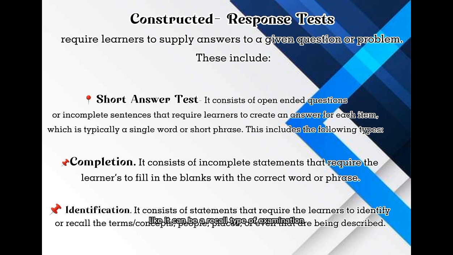Like a recall type of examination, it usually demands only short answers, most often used to assess key facts and terms. It is also a form of restricted response test. For example, it requires learners to choose the correct answer or a best alternative from several choices, and the answer is selected response test.